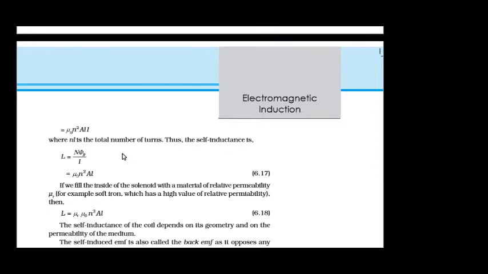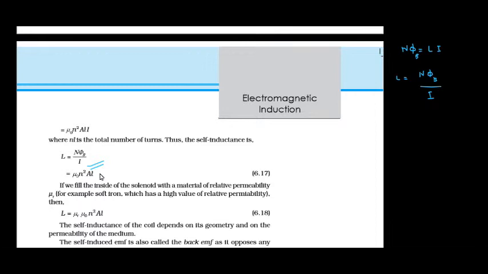Thus, the self-inductance L is equal to N phi B upon I. Why? Because we have already seen N phi B is equal to LI. So L is equal to N phi B upon I. Here we have written the same.